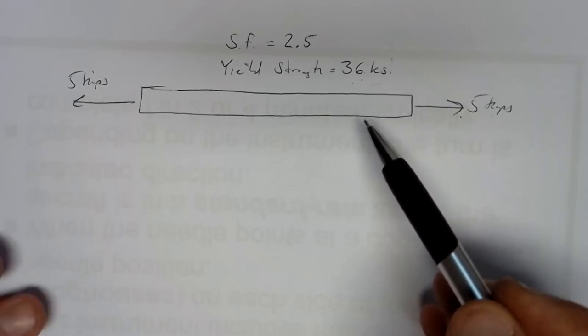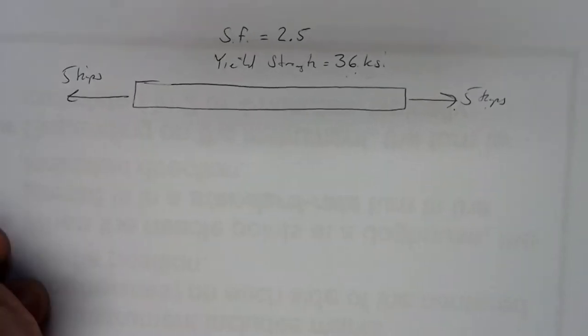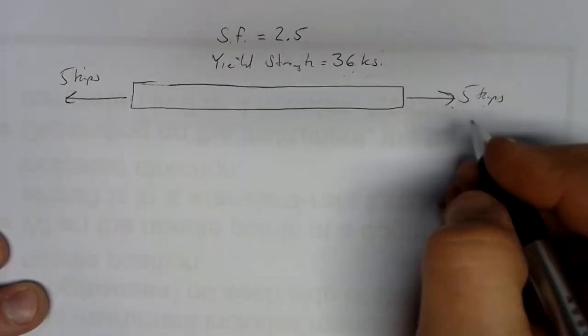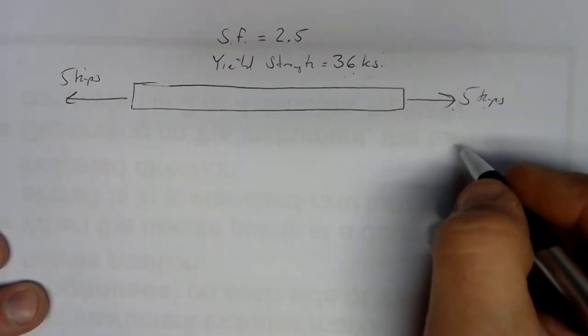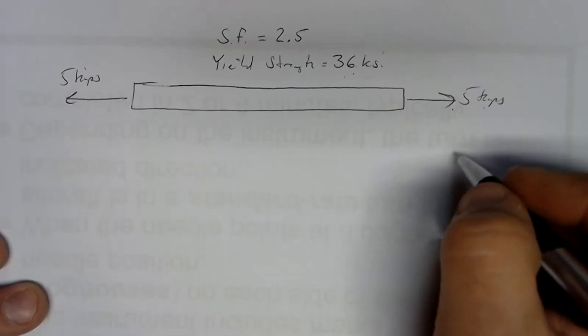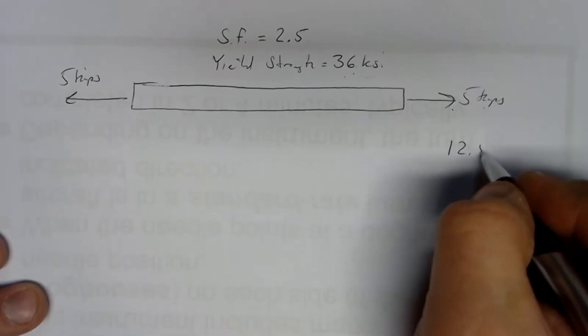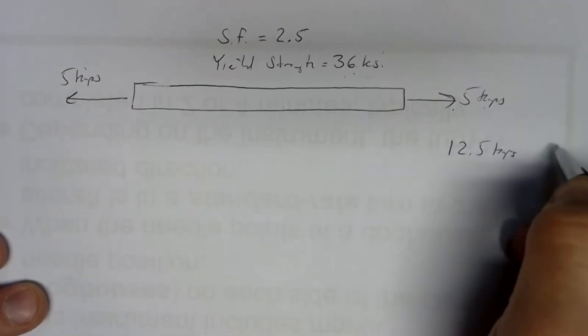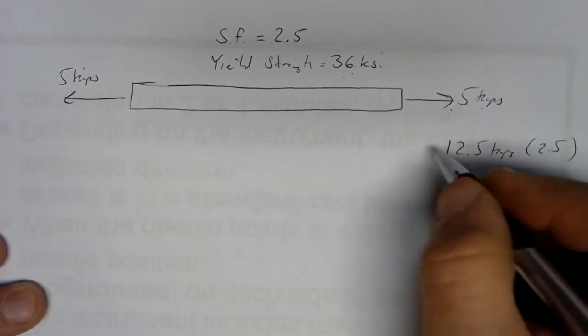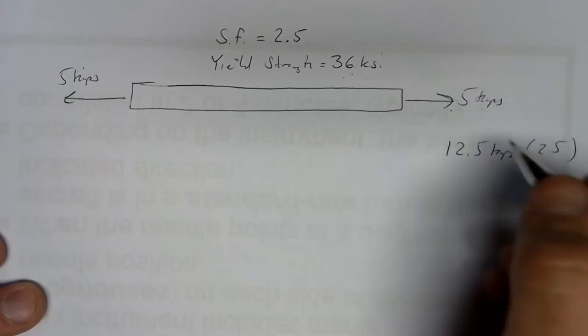So let's do it as if we're applying it to the load. So we really have a 5 kip load, but I'm going to pretend and I'm going to design this as if the actual load, so the safety factor corrected load, is going to be 12.5 kips. That brings in the 2.5 safety factor.